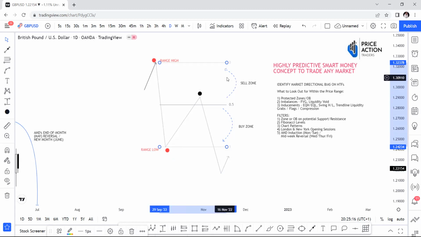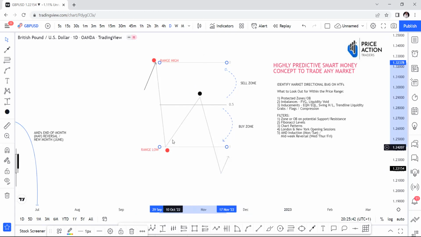Anything above 50% will be a sell zone. It could be 0.62, 0.70.5, 0.78, or 0.89. If the market is moving higher, anything below the midpoint will be a buy zone. So that's the discount and the premium.